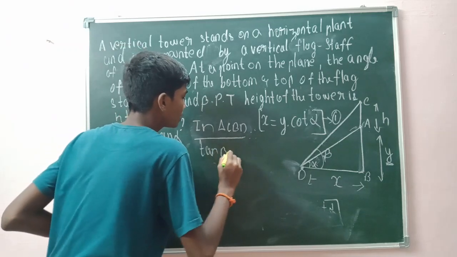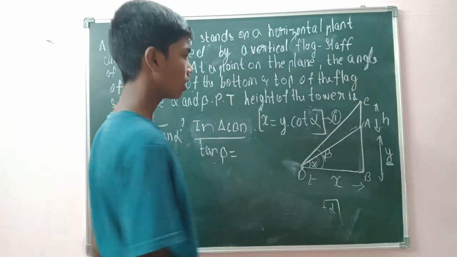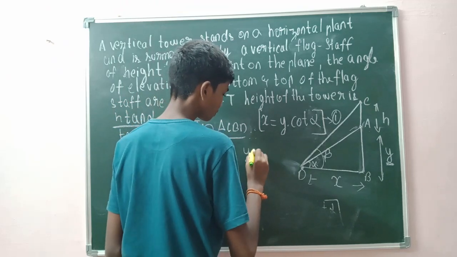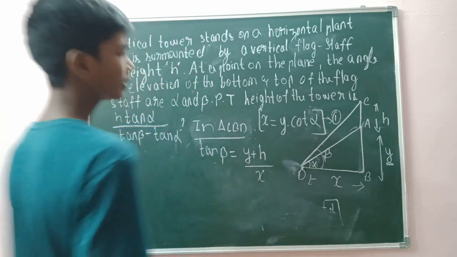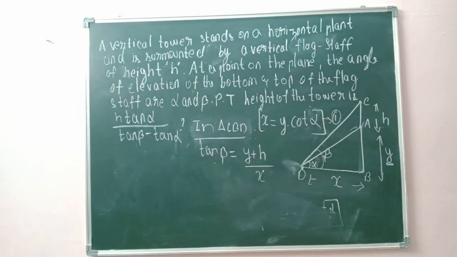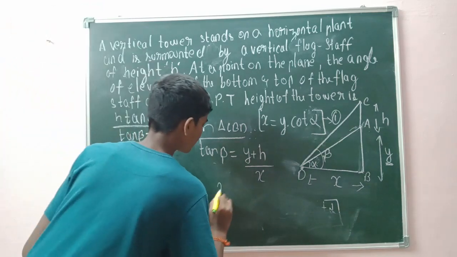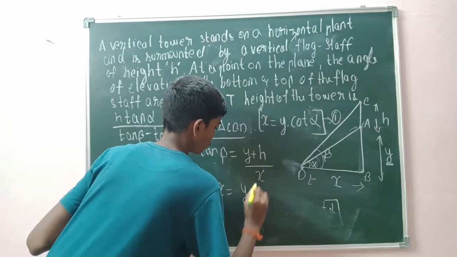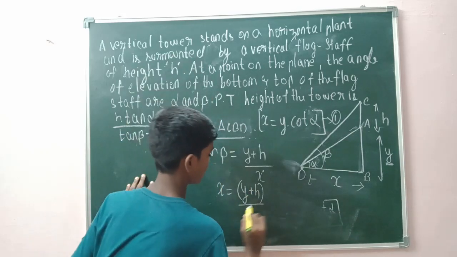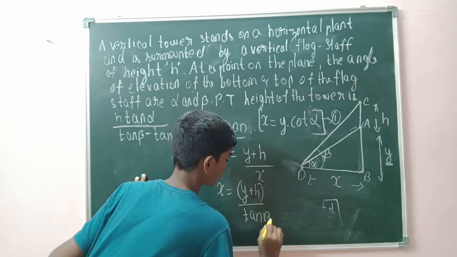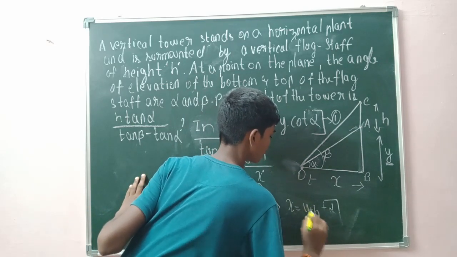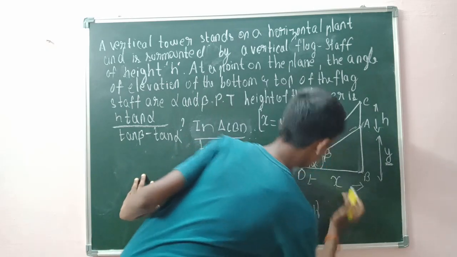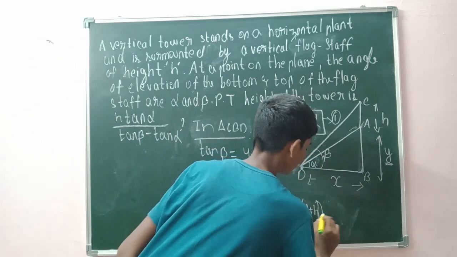Tan beta will be opposite, y plus h, divided by x. So from this, x will be y plus h by tan beta, which implies that x is y plus h times 1 by tan beta, that is cot beta.